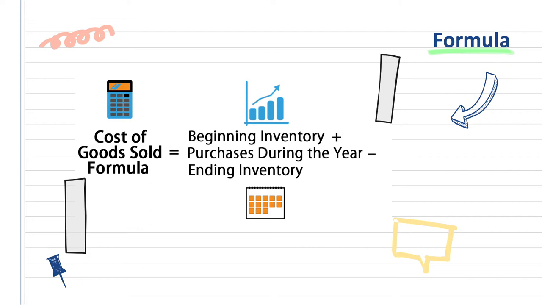They were remaining, you weren't able to sell them. Now, purchases during the year. Whatever you purchased during the year for which you are calculating cost of goods sold. So this year, let's say 2020, you bought 100 books. So 20 were from previous year and 120 books. This is your total stock in 2020.